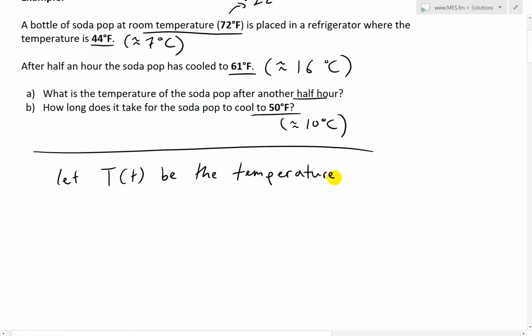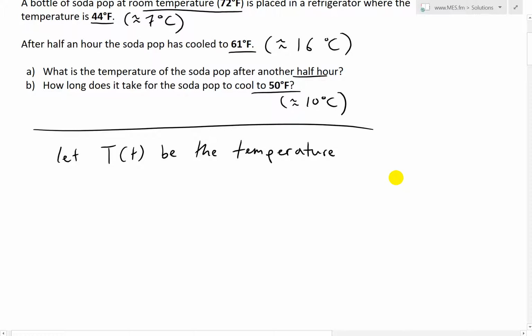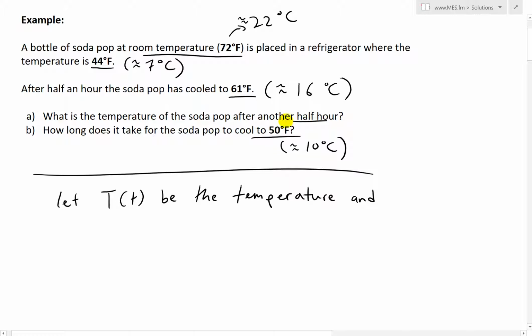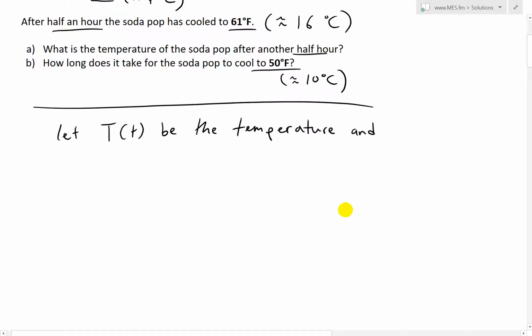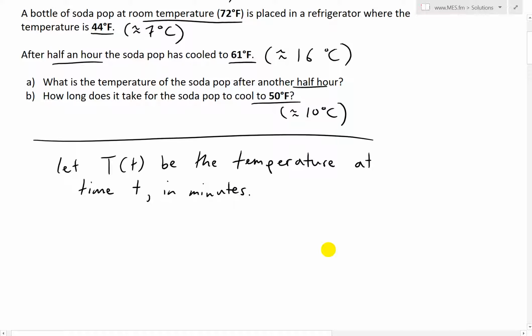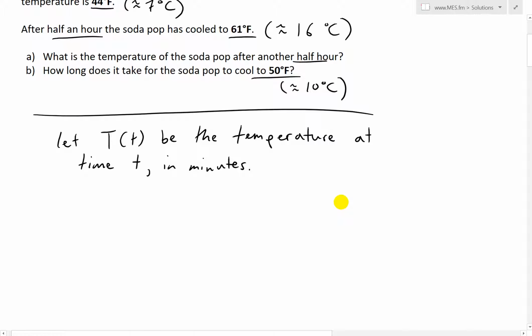My calculus book uses time in minutes, and since we're only dealing with two times, half an hour and half an hour later, so 30 minutes and then 60 minutes, let t be the time in minutes. So time is in minutes and the temperature is in Fahrenheit, because that's what this question involves.